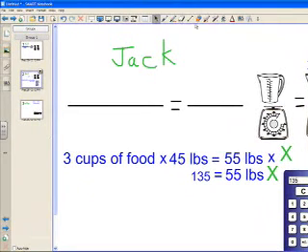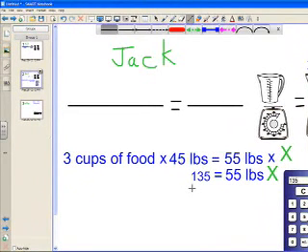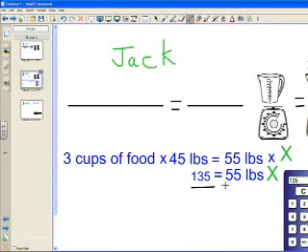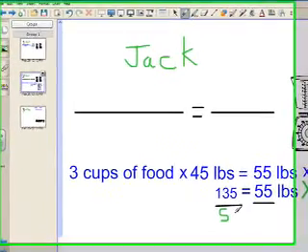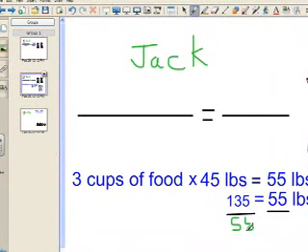Now I need to go ahead and divide both sides by 55. So I'm going to get rid of this 55 on this side. Now these 2 cancel out.